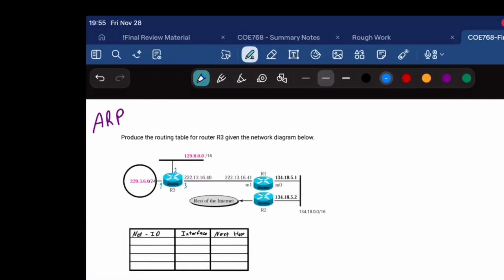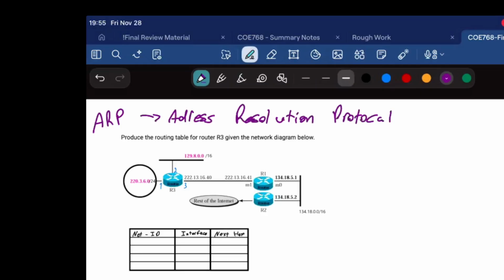Okay. Next question. This question is focusing on ARP tables, or ARP, known as Address Resolution Protocol. And as it's in the name, it resolves addresses, and therefore it's called ARP. So what it's doing here is that it needs to know where everything is.